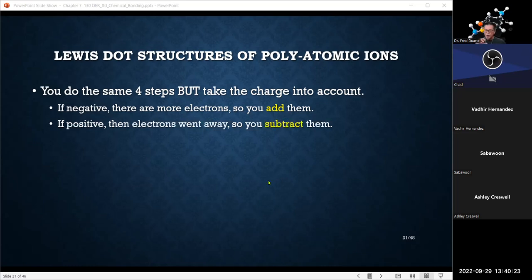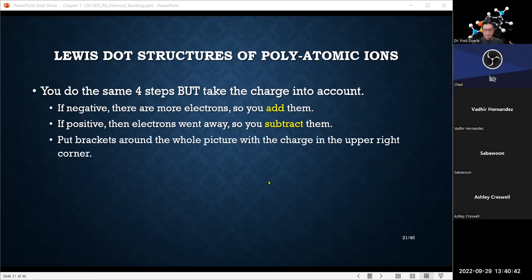If it's a positive charge ion, and if you look at that table, we're only going to be dealing with one of them, we take away from the total number of valence electrons. That is the correction factor we have to do. So negative ions, we add a value. Positive ions, we subtract, and the magnitude that we subtract depends on the charge. Once we're done, we draw the structure. We're going to be told who the central atom is. We draw the structure like we normally would, and then we put a bracket around the whole ion and put the charge on the top right side.